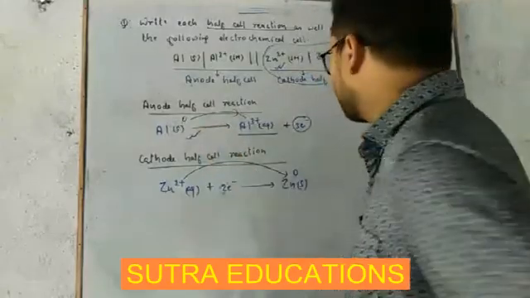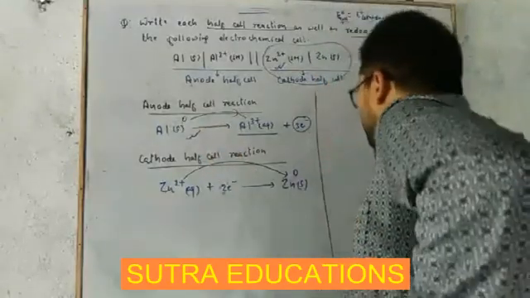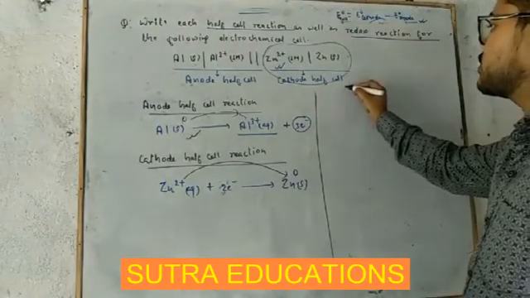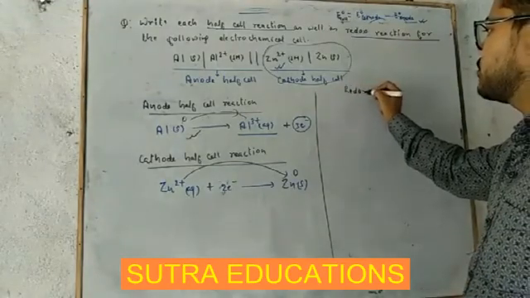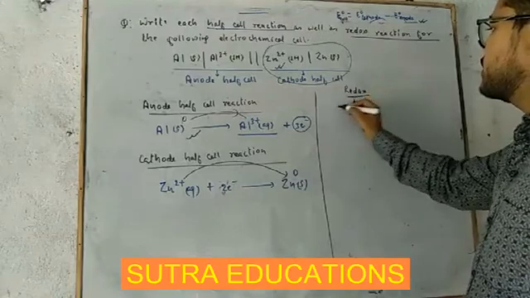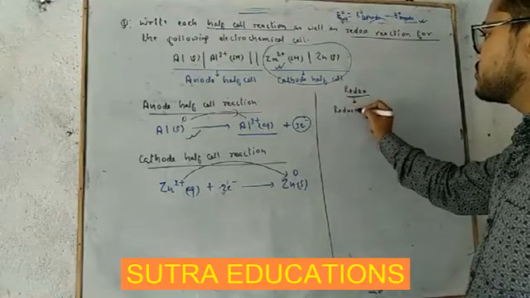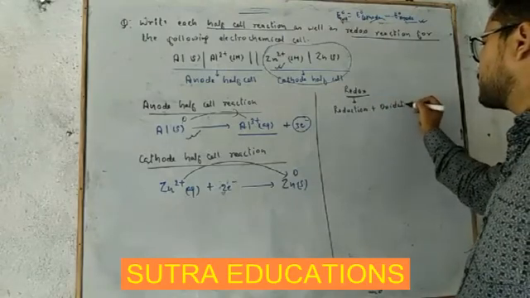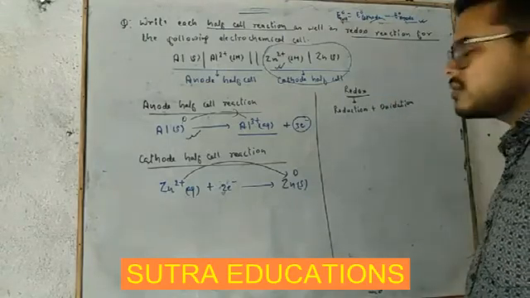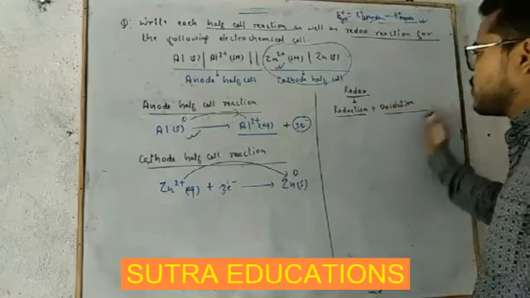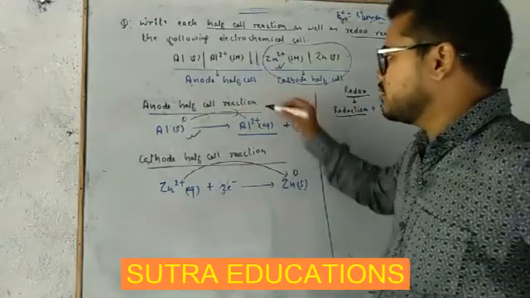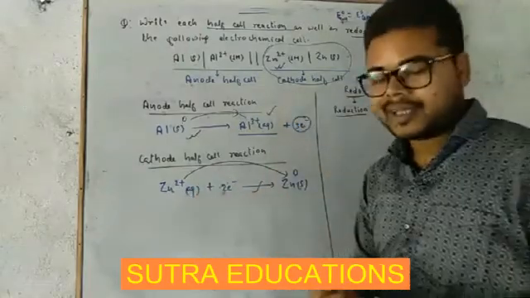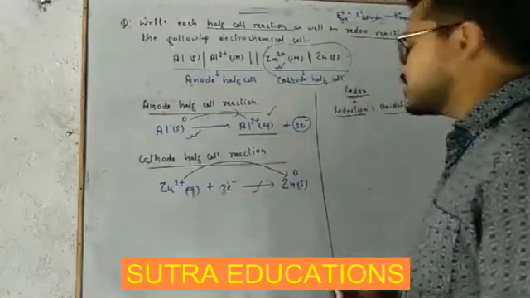Now the redox reaction. What is redox? Redox is reduction plus oxidation. So this one is reduction, this one is oxidation. We will add both these reactions, and it will give you the redox reaction.